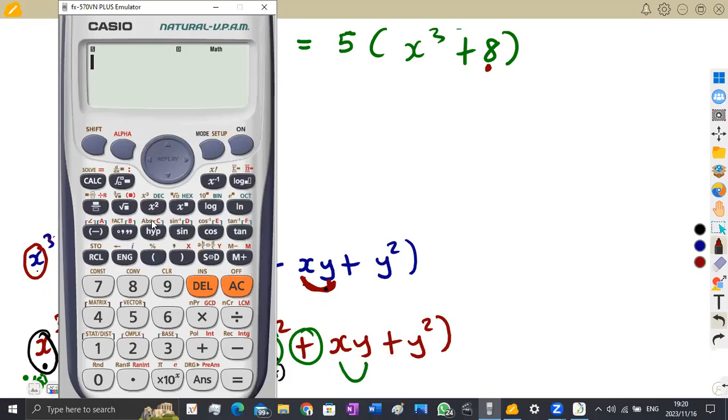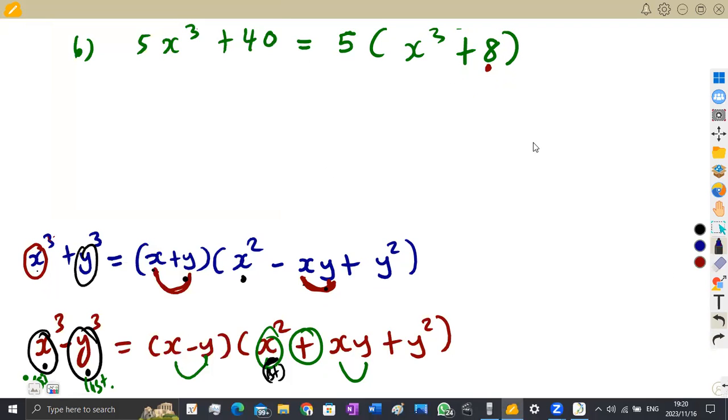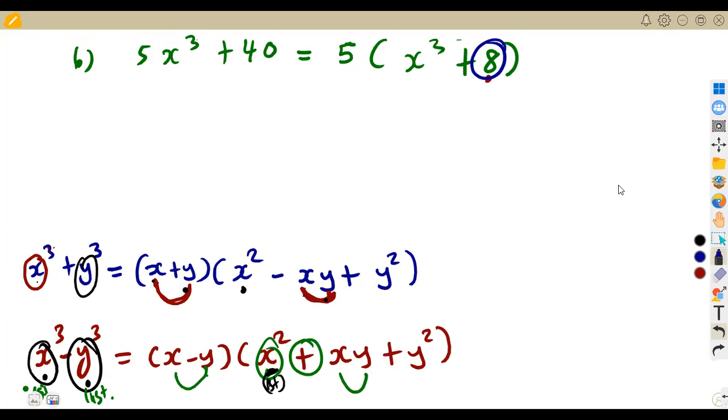So that's the cube root of 8 in this case, which is going to give us 2. So that means this number here is a perfect cube because its cube root is equal to 2. So that means 2 to the exponent of 3 gives us 8.